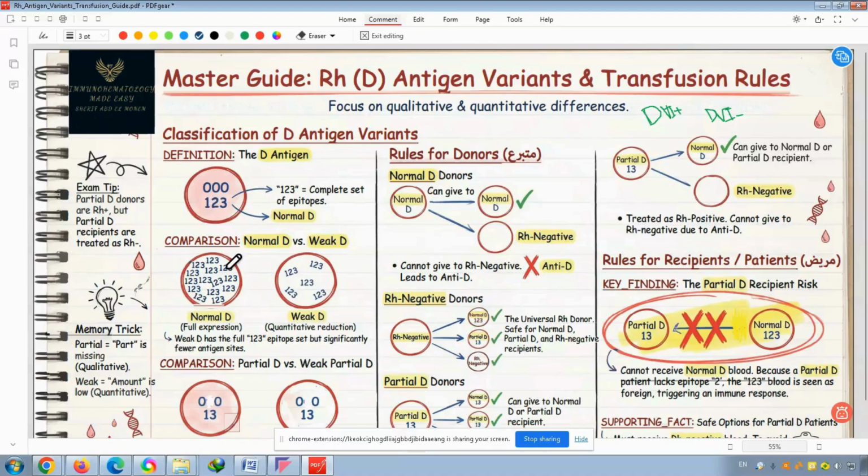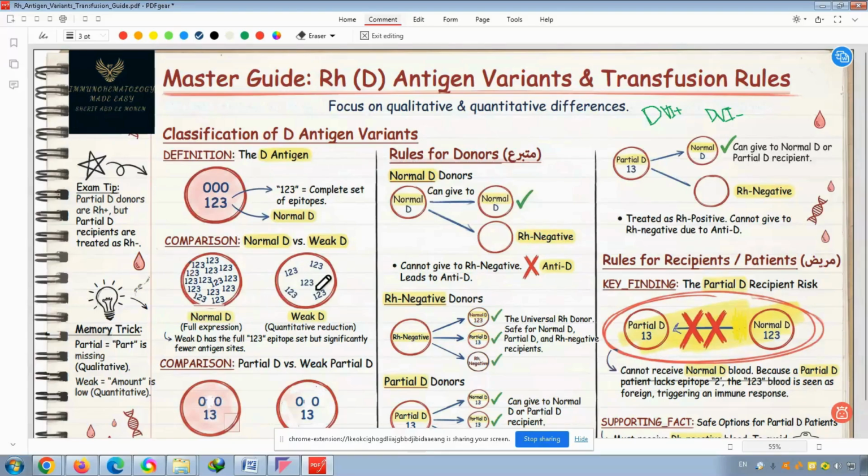We have the first case, cells with the antigen in its cohesive normal structure, and also the amount of antigen on the cells, which we call the antigen sites. This amount is normal. So a complete normal structure and a normal standard quantity. This is the normal case.